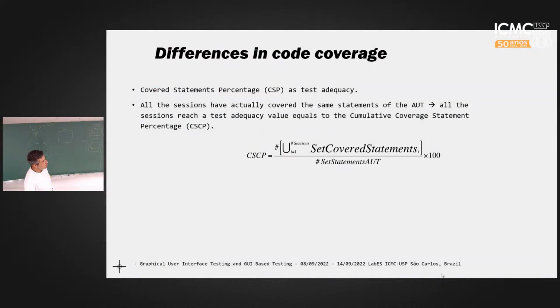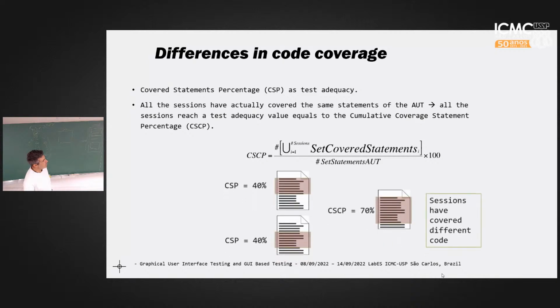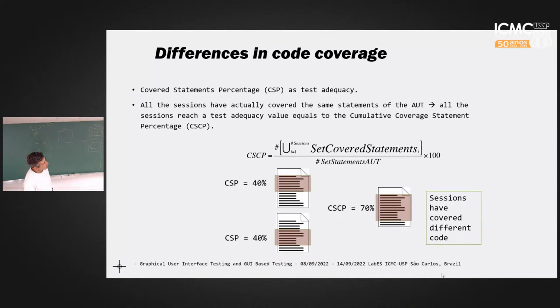The union of all the sets of covered statements over the number of the statements of the IoT. Let's consider a testing process that covers 40%, okay? And another one that also covers 40%. The union is not 80%, but can be 70% or 40%.